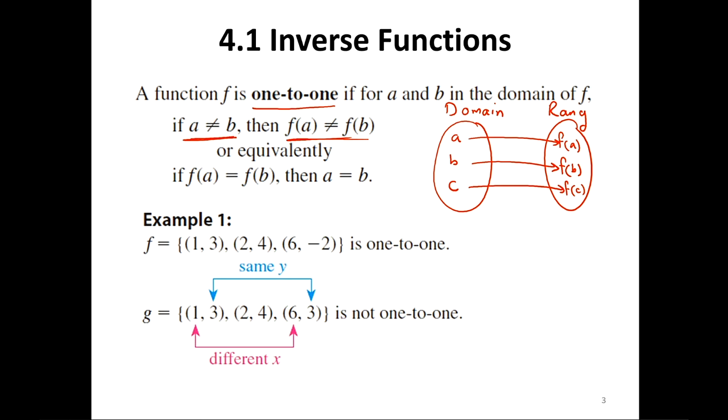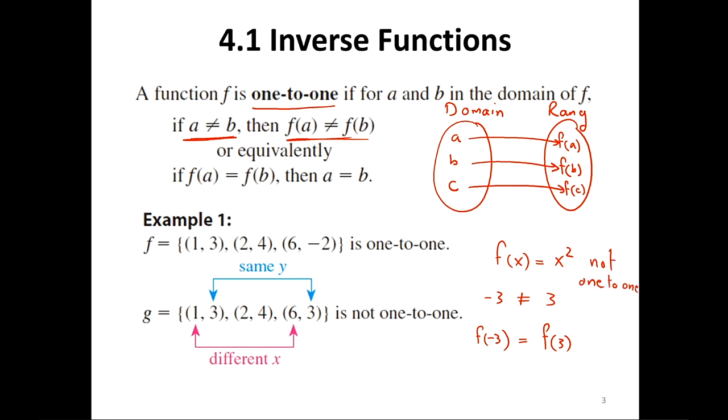Okay, some examples for non-one-to-one function. For example, f of x equals x squared. Look at -3 and 3. This is not equal, but f(-3) is equal to f(3). Both equal 9. So this is not one-to-one.